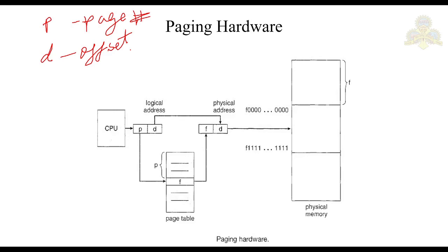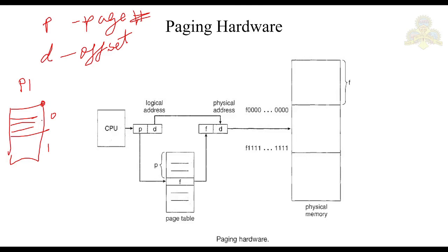Suppose you have a process P1, and suppose it has two pages, page 0 and page 1. Now a particular page will again have instructions kept in it. To access one particular instruction, we have to understand, from the starting or base location, in which location it is present.